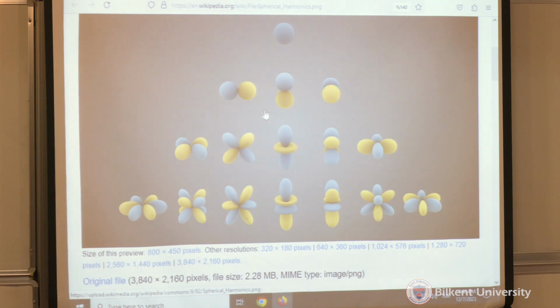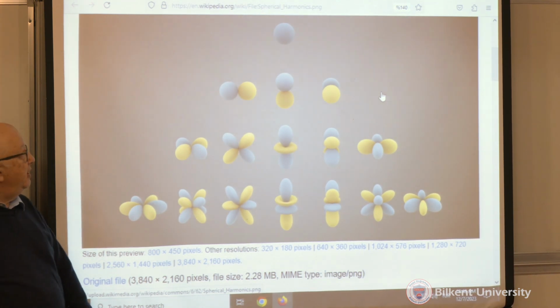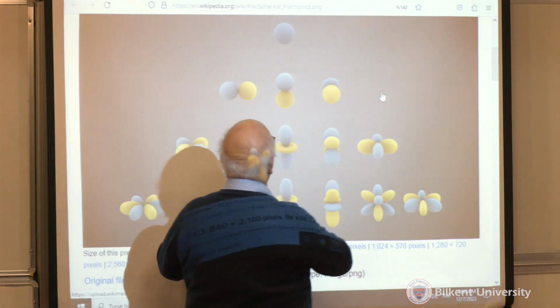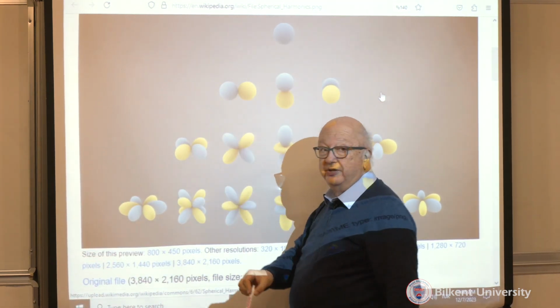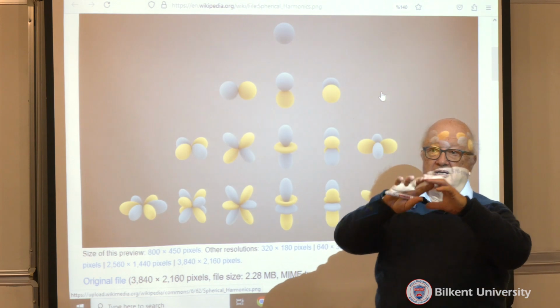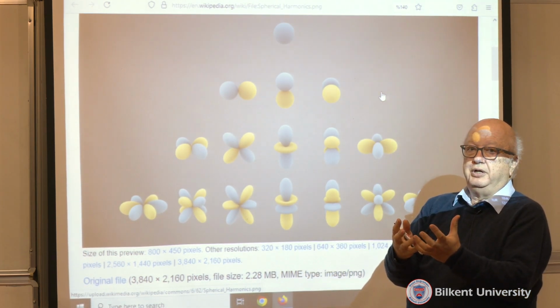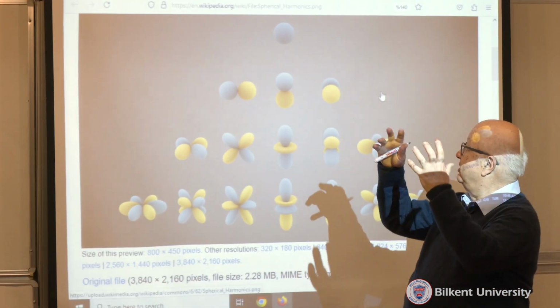So these are the pictures of these things, the real part. You take the real part of these functions, and this is the Y_0,0 function. It's constant over the surface of a sphere.